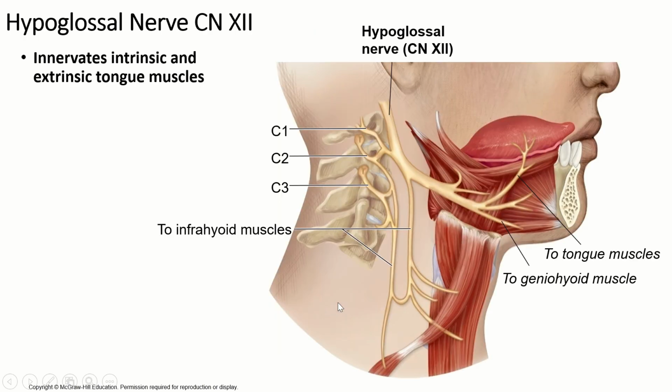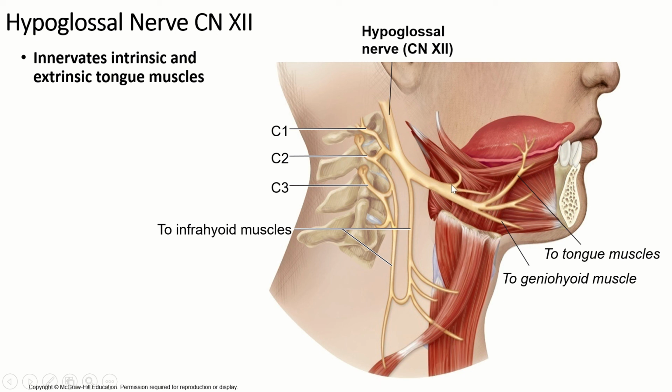All right, number 12, hypoglossal. It's going to leave the inside of the skull through a hole called the hypoglossal canal. Cool, right? There's a hole named for it. And it's going to go under the tongue. I know, hypoglossal. Glossal means tongue. Hypo, under. Hypoglossal, under the tongue.